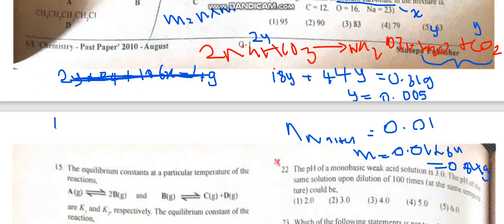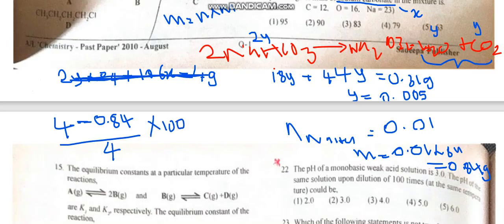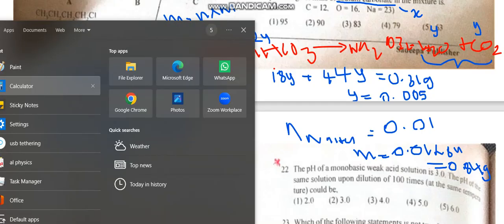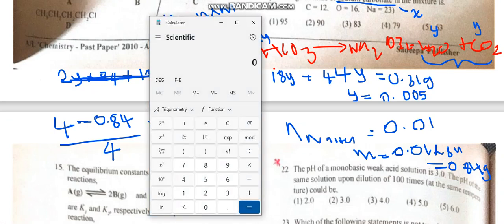Now the total mixture is 4 grams. If you minus 0.84 grams, that is the mass of sodium carbonate. Now you have to divide by the total mass and multiply by 100%. So let's do that. 4 minus 0.84 is 3.16.